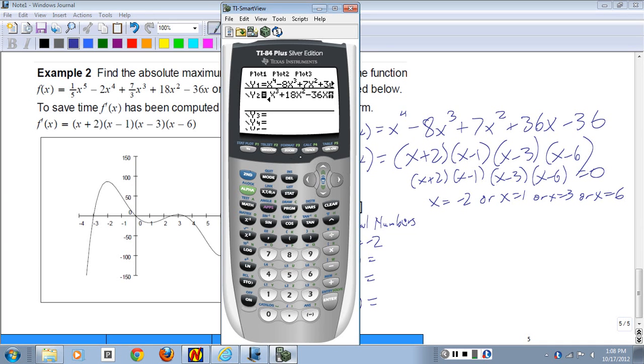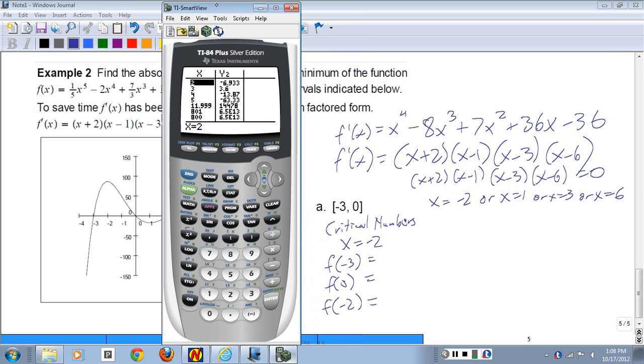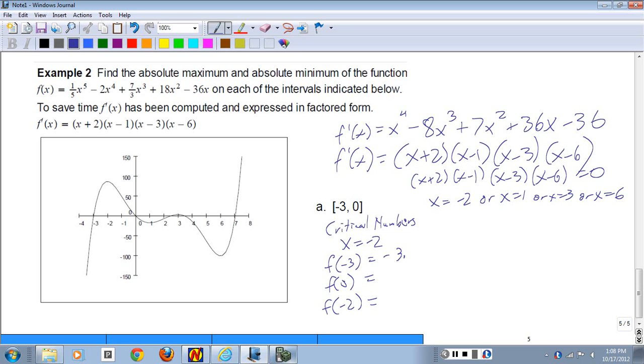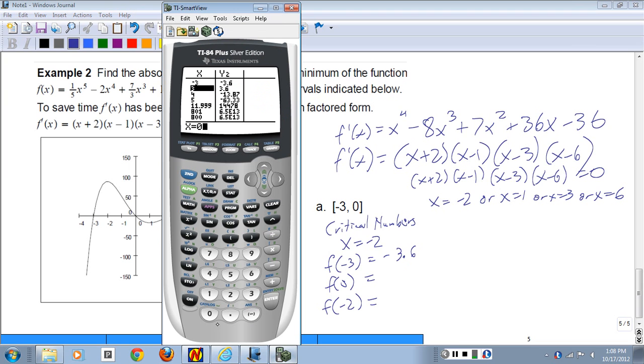Maybe the table feature. So we can evaluate it at -2, at -3, and get -3.6. So f of -3 equals -3.6. We can evaluate it at 0 and get 0.